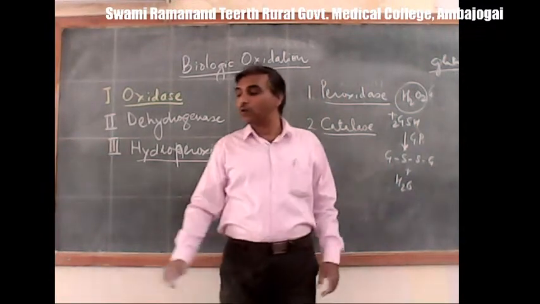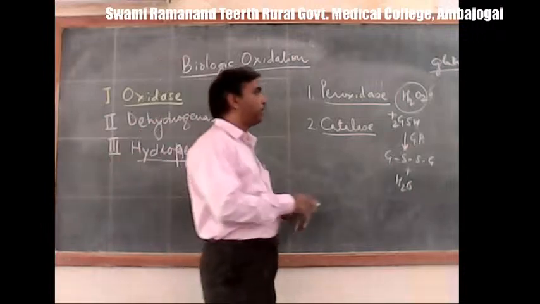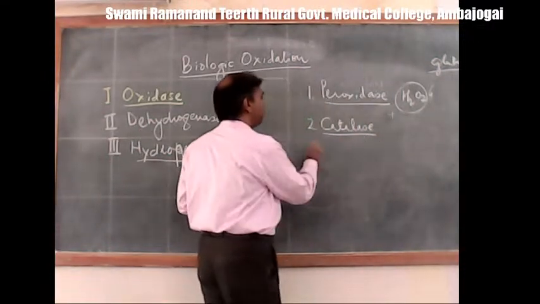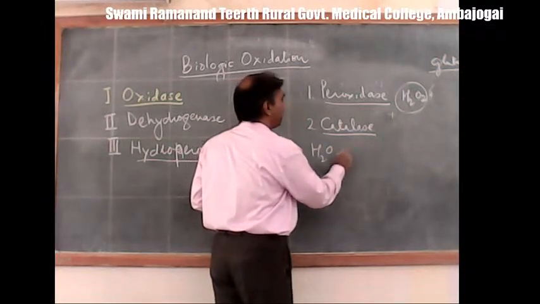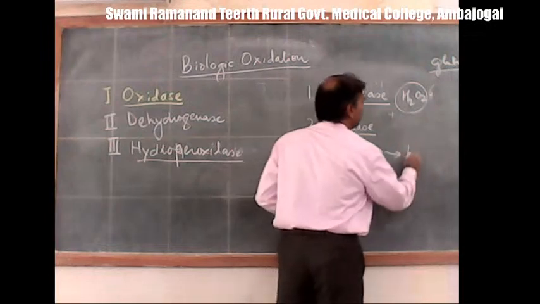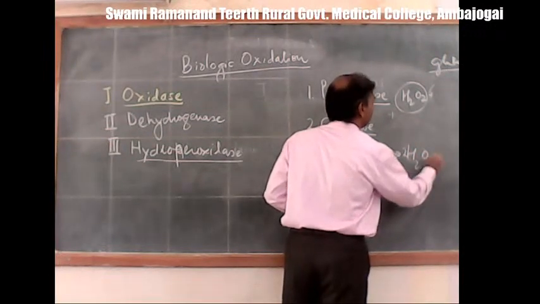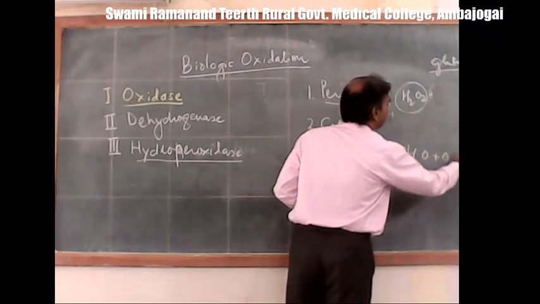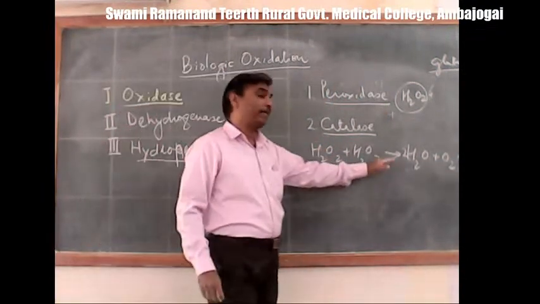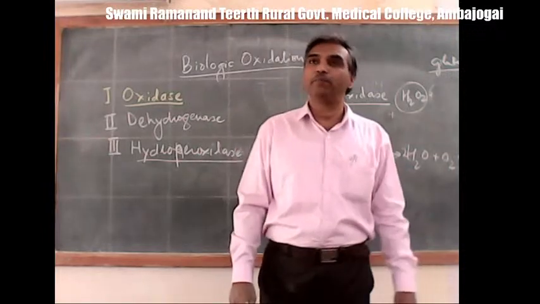Another enzyme is catalase. Now, what is the role of catalase? It is heme containing. It uses hydrogen peroxide itself as electron acceptor and electron donor to form water and oxygen. This is catalase, a heme containing protein.